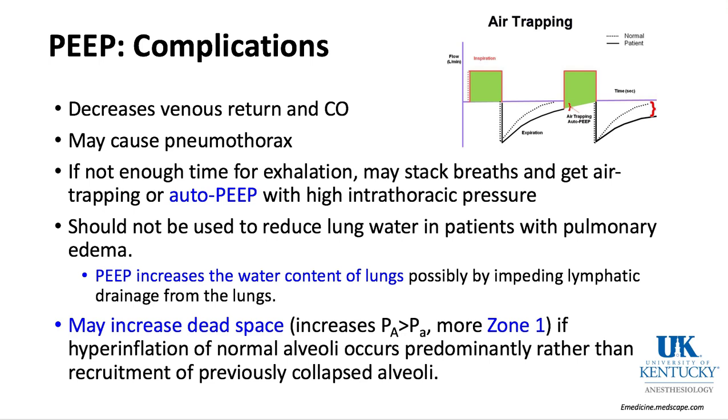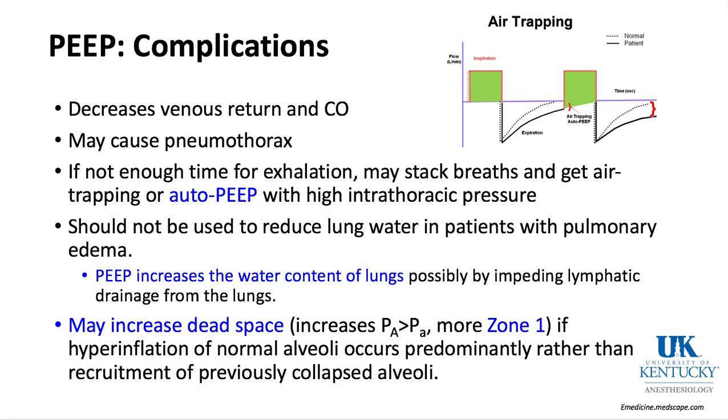We don't use PEEP to reduce lung water per se in patients with pulmonary edema, because PEEP actually redistributes the water from the alveolus to the interstitium and can actually increase the water content of the lungs, possibly because it distends the alveoli, impeding the lymphatics that drain the lungs.